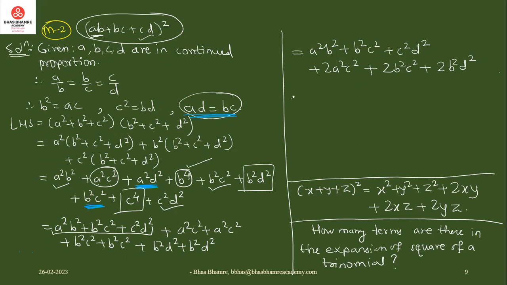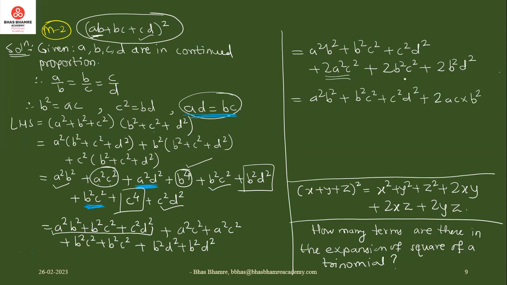How? I can make it as A square B square as it is plus B square C square as it is. Sorry, B square C square I wrote wrongly. Plus C square D square plus twice of AC into B square, AC into AC. So that is AC into B square.